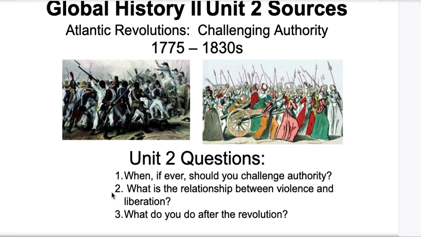If you choose the dialogue, where you write a screenplay, if you choose putting yourself in King Louis' shoes at the guillotine, or if you choose to write a letter to a free person of color to help join your cause, you're thinking about this question: what is the relationship between violence and liberation? You should address that. Same as for part 1. You should address, why should people challenge authority?